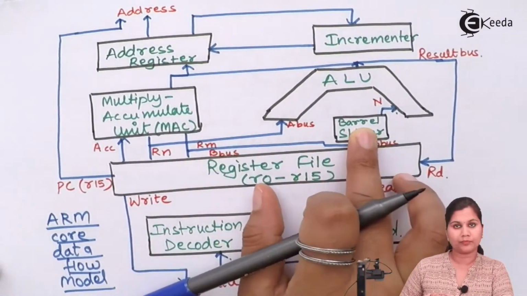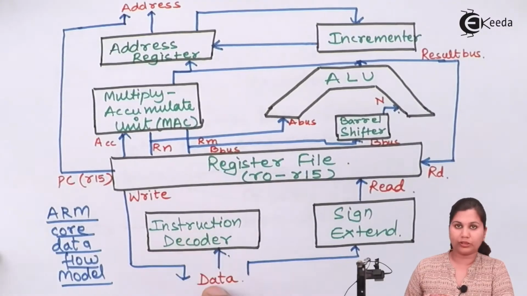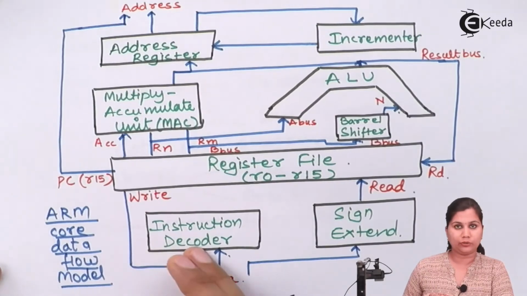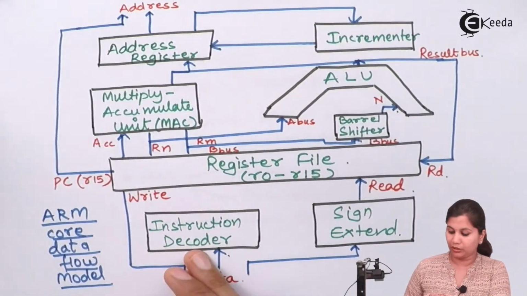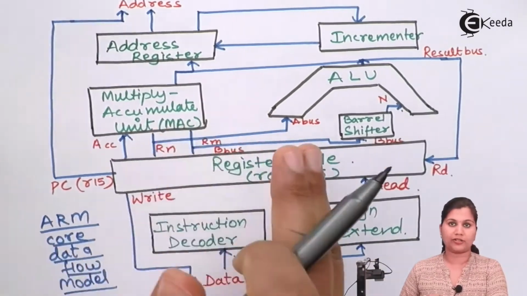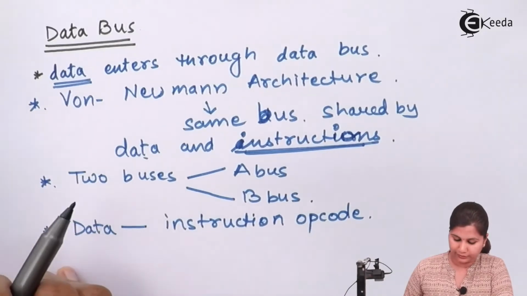Here the data, which is the instruction opcode, is being given to the instruction decoder. This opcode will be decoded by the instruction decoder, and with the A bus and B bus, the data or the instructions can be transferred from one component to another.